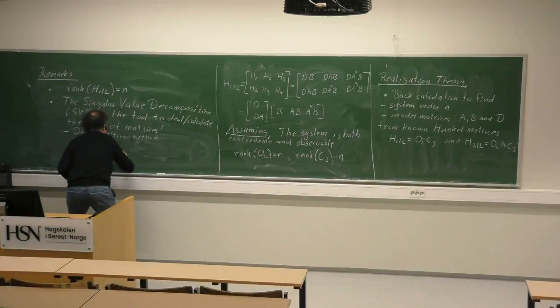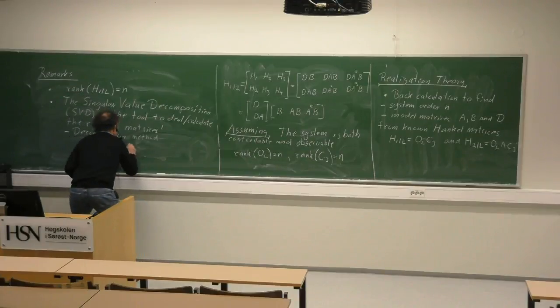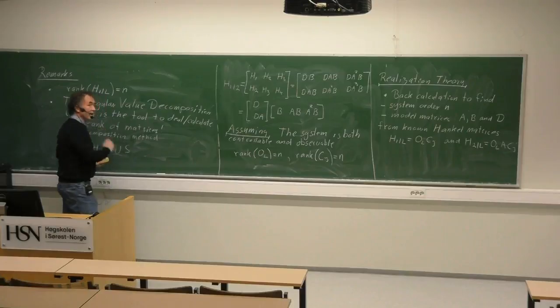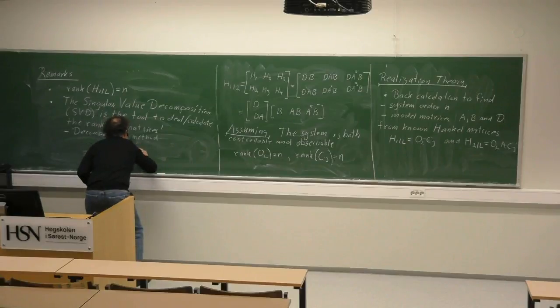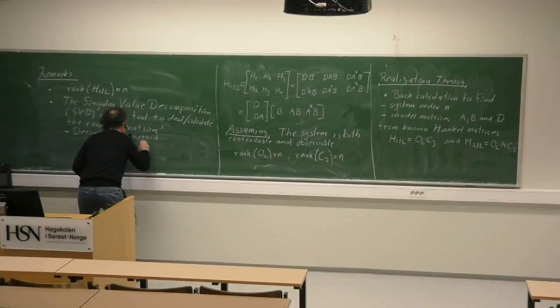U is the left singular vector matrix times a diagonal matrix of singular values times a matrix of right singular vectors, V transpose.